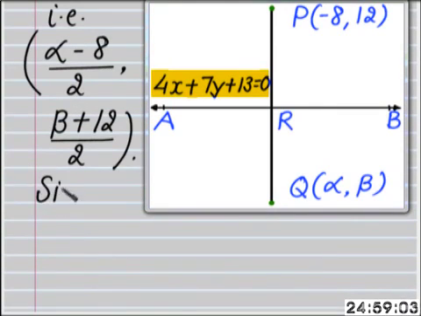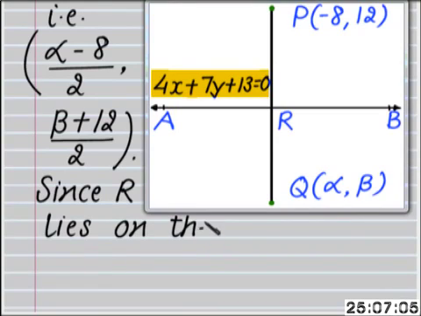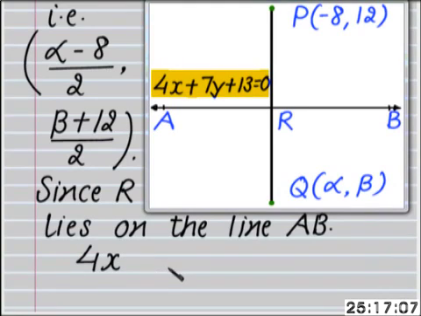Since the point R lies on the line AB, that is, it lies on the line with equation 4x plus 7y plus 13 equal to 0.